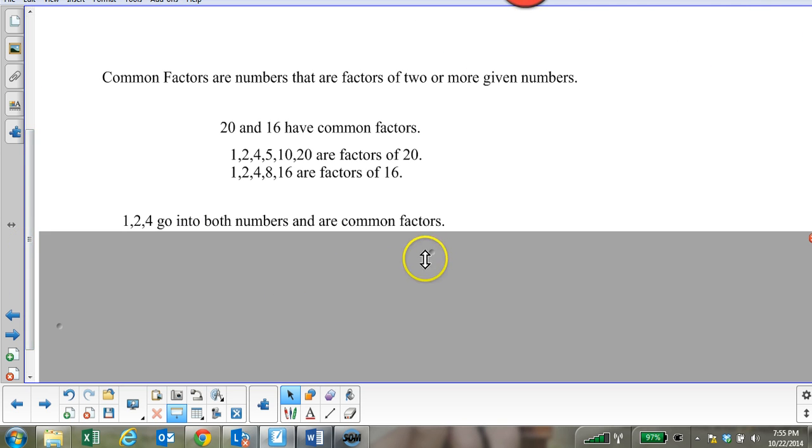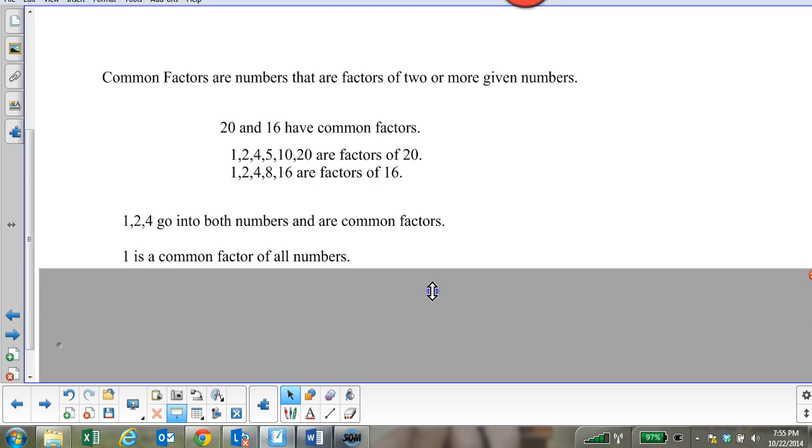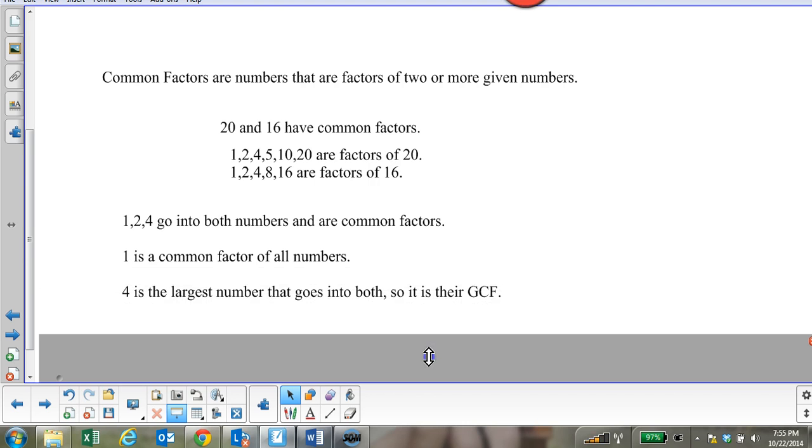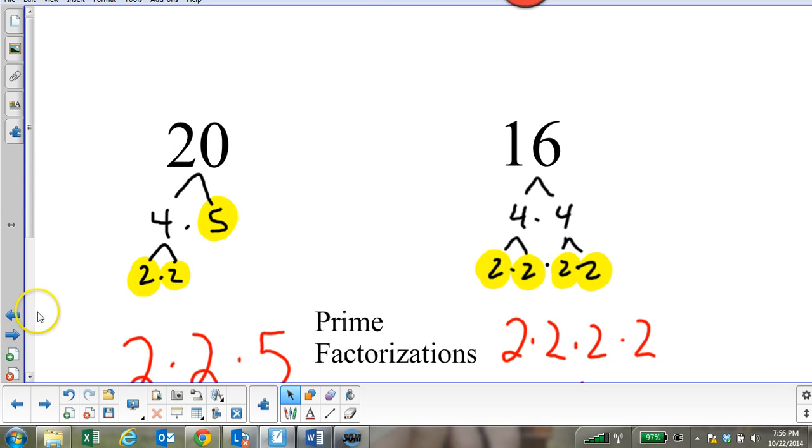We already knew that 1 is a common factor for all numbers. 1 goes into every number. But 4 is the largest number that goes into both 20 and 16. So 4 is their GCF, or greatest common factor. It's the biggest number that's on both lists, even though 1, 2, and 4 fit that need.